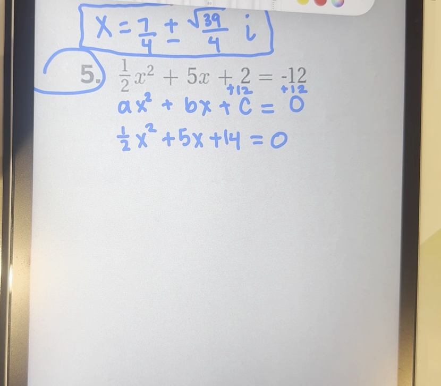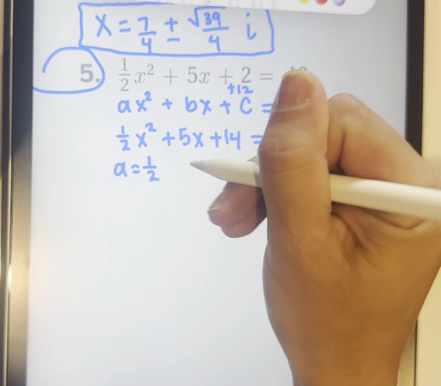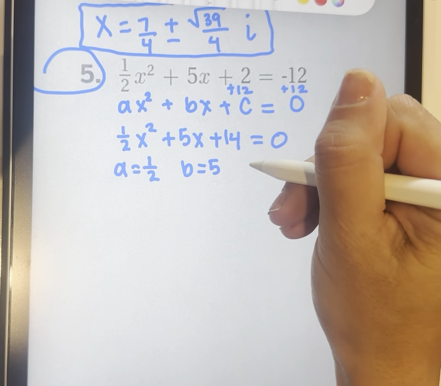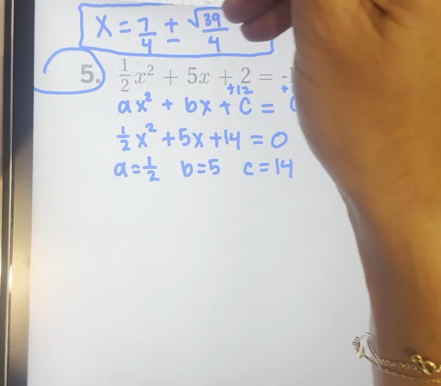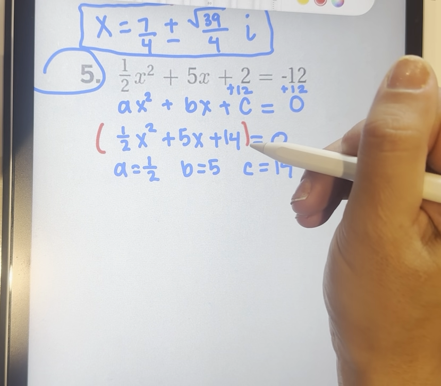Okay, you guys, here is the deal. You can absolutely do this problem like this. a equals 1/2, b equals 5, and c equals 14. You can do it with that fraction. I know it scares people. It scares me even a little bit. But the other option you have is to multiply both sides of the equation by something to eliminate fractions if you don't want to do it with fractions.